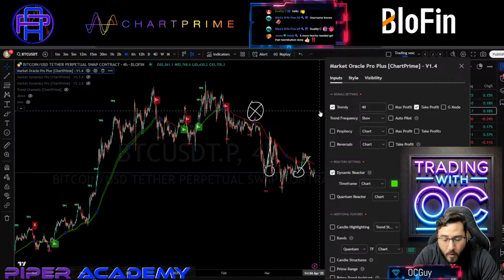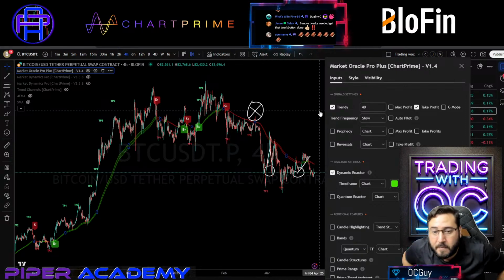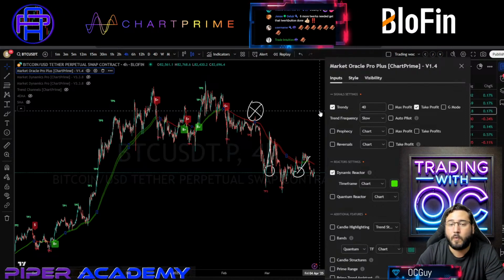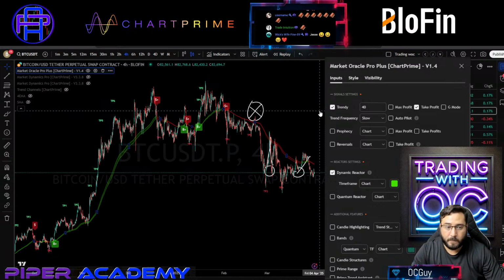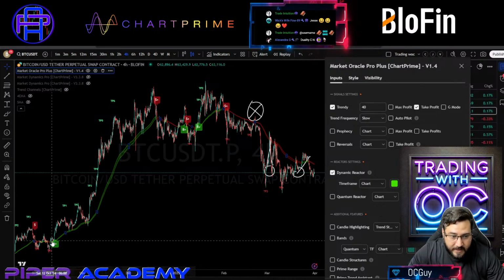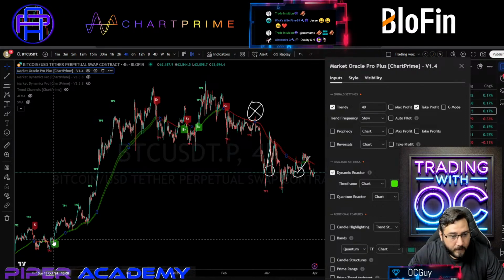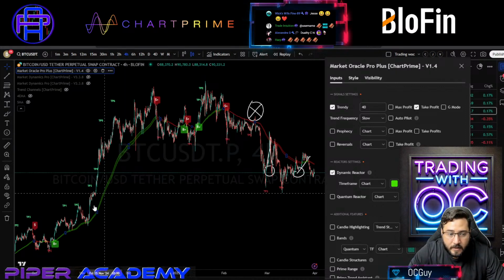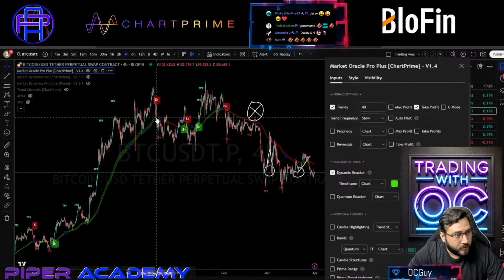turned on. Why? My dynamic reactor right now is going to be my base indicator, right? This is going to be my foundation indicator, what's going to hold everything else. What does that mean? That means that my dynamic reactor is determining, right, when my trend changed and when I should also change my mentality, right?